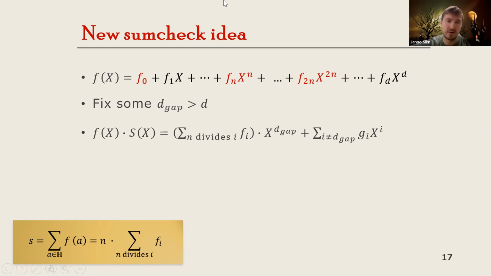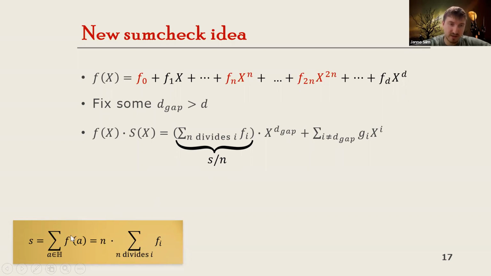And then we want to multiply f(x) by some polynomial s(x), and we'll see in a moment what this is, such that the result is the sum of the coefficients where the index divides by n. So this is the coefficient of x^d_gap.